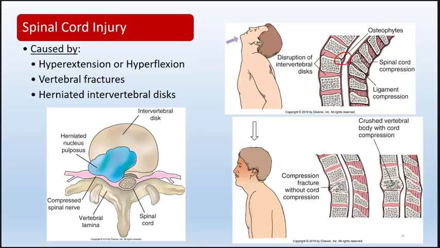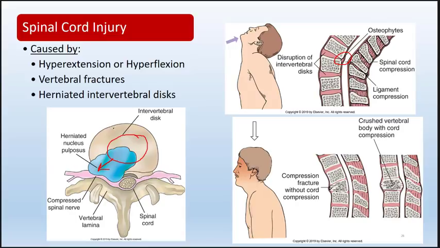And this is a better image to demonstrate that if we look at more of a superior view of the vertebrae, the intervertebral disc would lie here, and on the outskirts we have what's called the annulus fibrosus, and then on the inside we have the nucleus pulposus. And with certain injuries, such as hyperextension in this case, the nucleus pulposus can migrate out of where it should be.